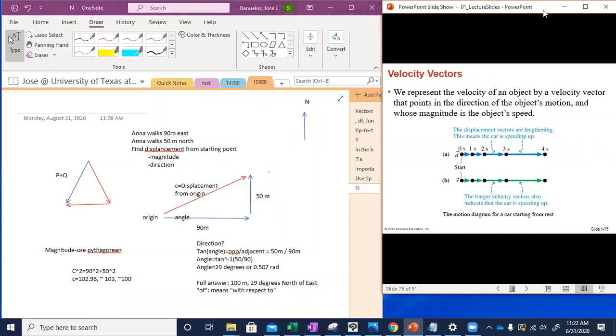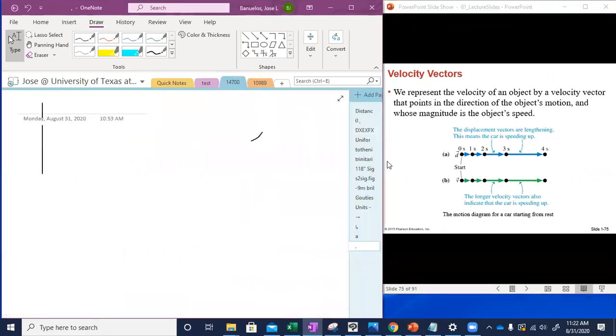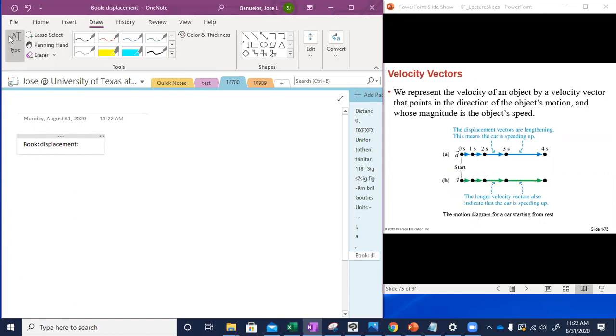So it turns out for velocity, we're going to do something very similar to represent velocity vectors. One of the things that the book does pretty well is the book likes to color code things. So for example, for displacement, it likes to use blue arrows, and I can't guarantee you that I'll do it, but I'll try.